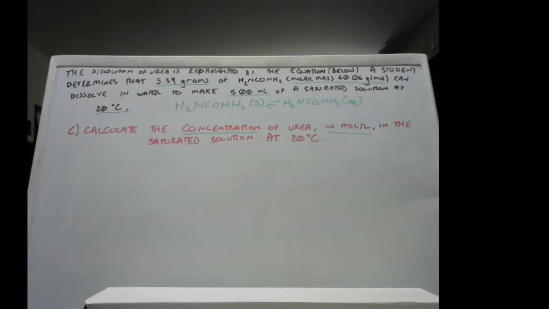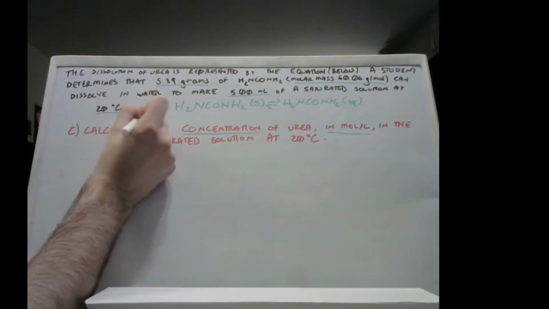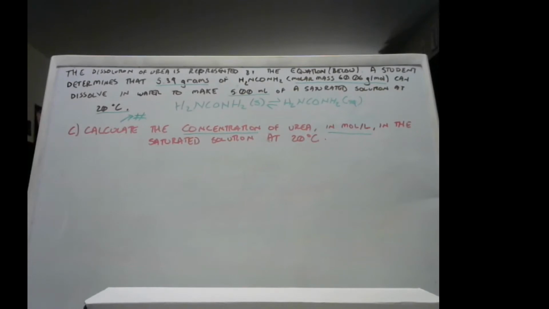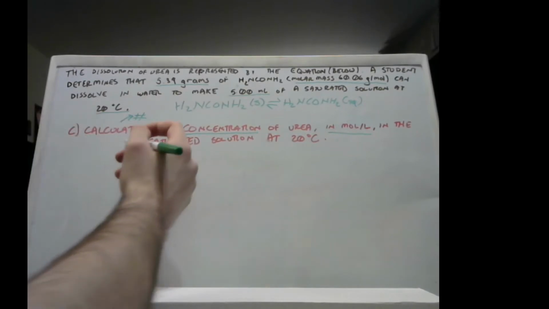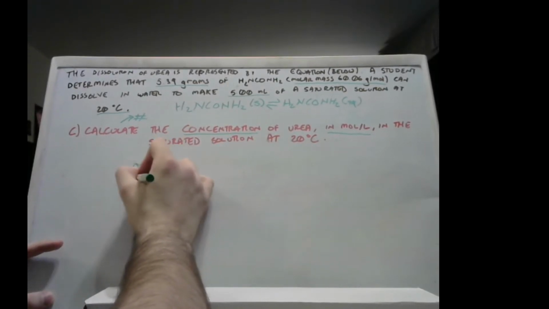So, this is asking you to calculate something. It's looking for a number. So I need a number to represent moles per liter. What's the molarity? So I want something in moles per liter when I'm done.